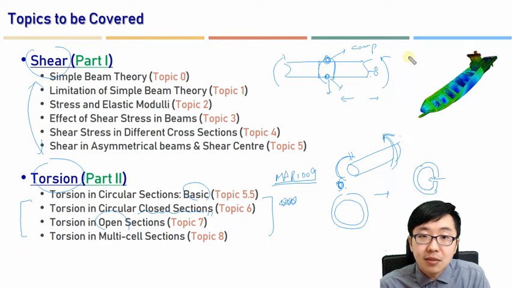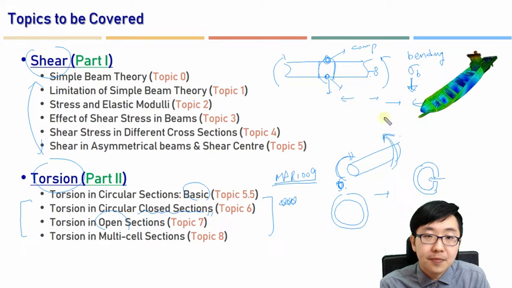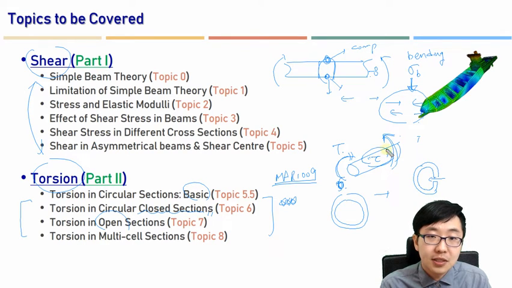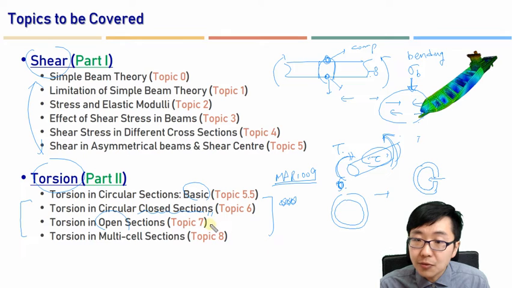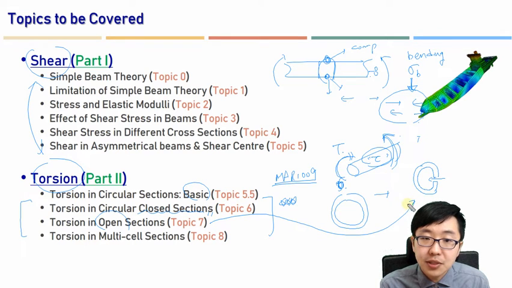So it means that the bending stress will be related to the actual tension or the actual compression. In the case of torsion, it will generate the shear. So this is important for us. That was topic 7 here, open section.